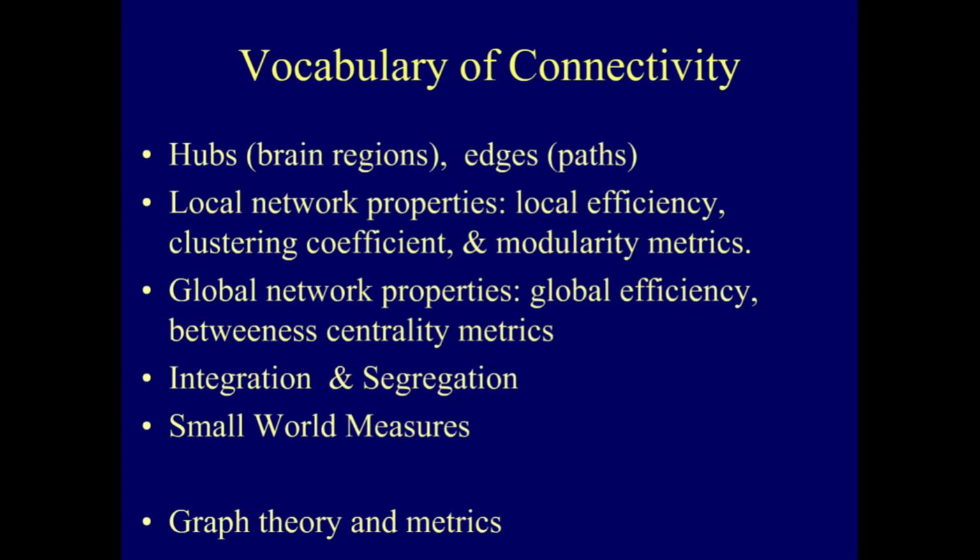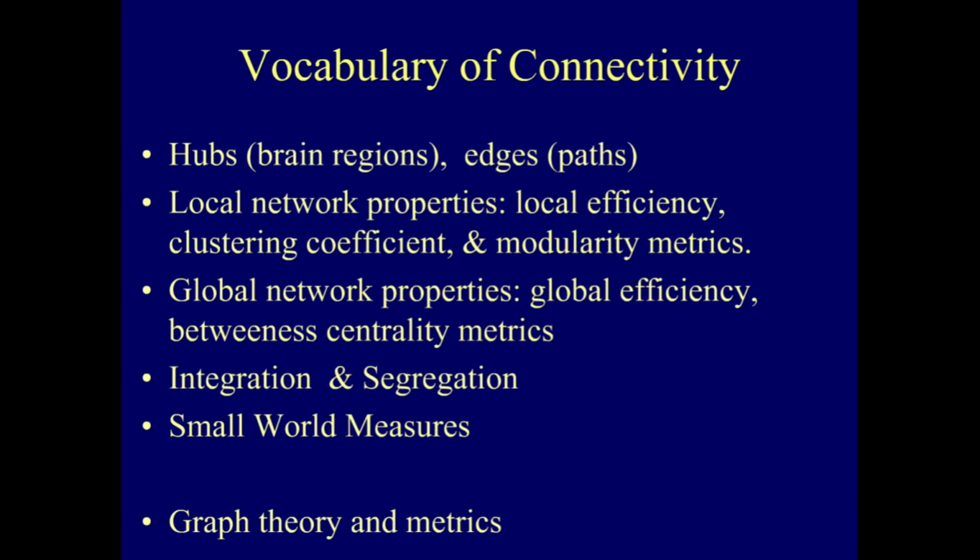There is vocabulary to connectivity, and I refer you to Sporns' review of the terminology for connectivity, which I find most helpful. So there are hubs, which are brain regions that conduct whatever process is happening, and the edges are the paths between these areas. There are local network properties. These are defined by the terms local efficiency, clustering coefficient, and modularity metrics.